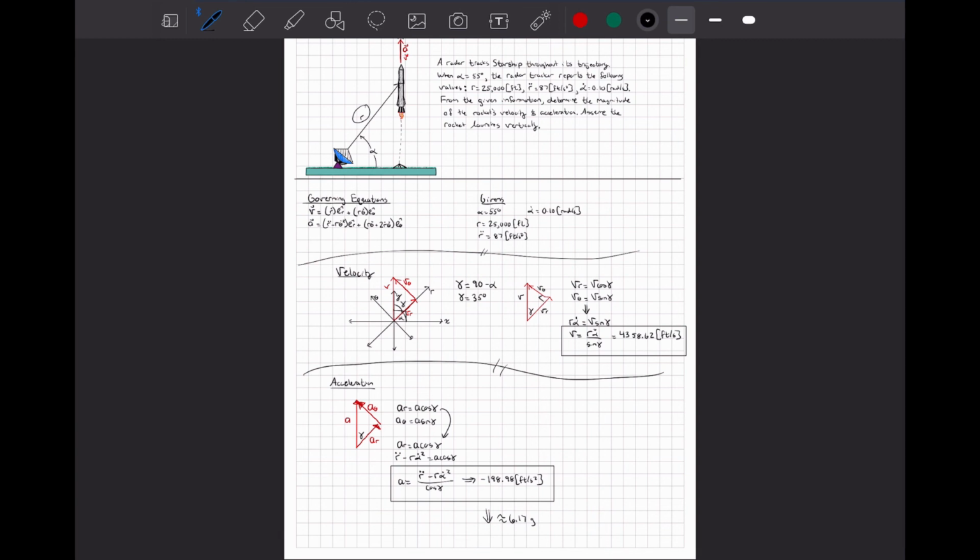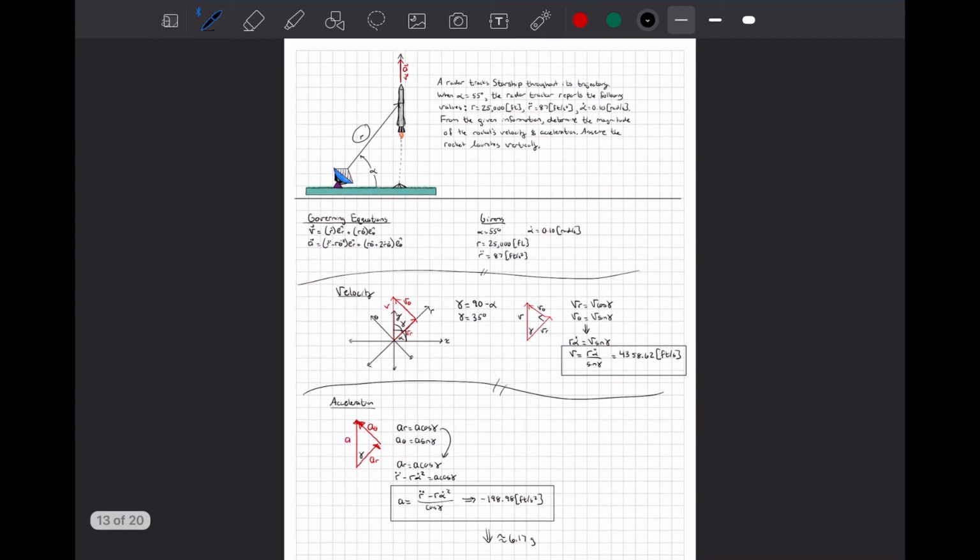Or you might question, how good is our tracking, and is our radial distance correct? These are some questions you might want to be asking yourselves. And it's just something to keep in mind as you proceed through similar problems like this. You always want to make sure that your answer is making physical sense, and if it isn't, perhaps you can try and find an error in your logic or in your measurements.